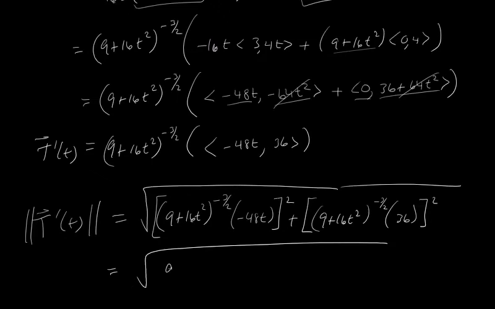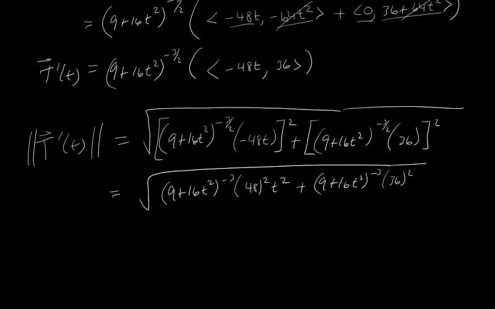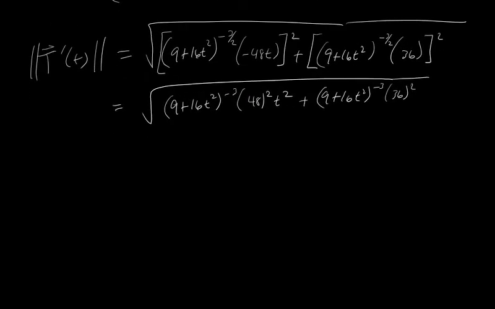That's going to be (9 + 16t²)^(−3) times 48² times t², since the negative becomes positive, plus (9 + 16t²)^(−3) times 36².